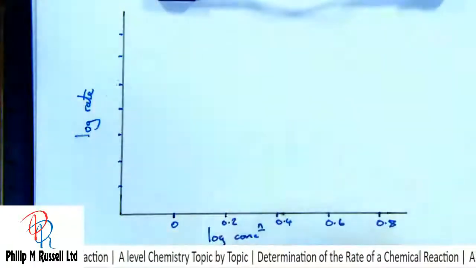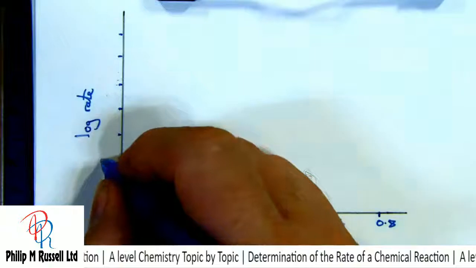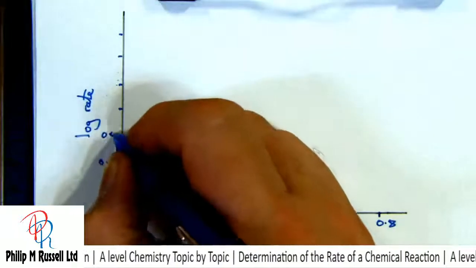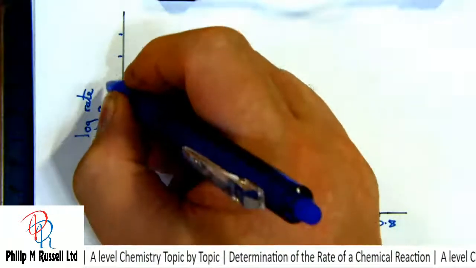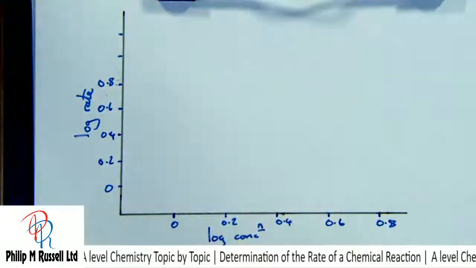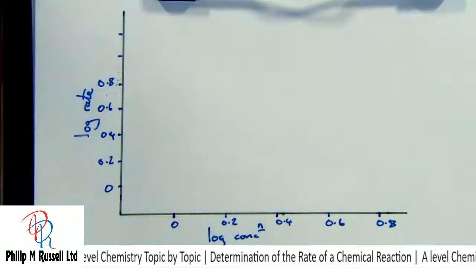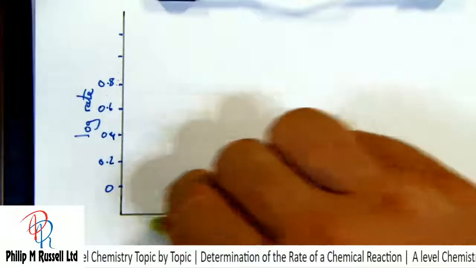We'll survive. 0, 0.2, 0.4, 0.6, 0.8. When you're not looking what you're doing, it doesn't help.